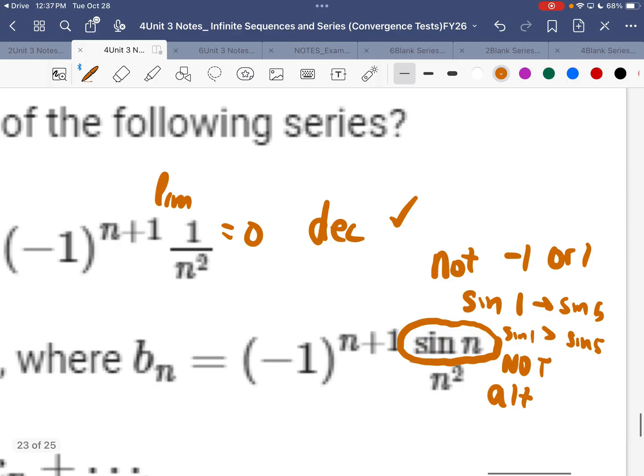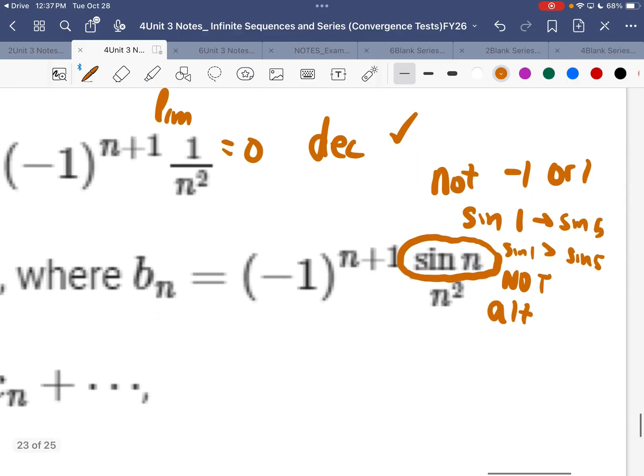Because that sign here would be going from some positive number, and then the next term might be positive, but then the next term might be negative, and the next term might be negative, and the next term after that might be negative. So it's conflicting with the signs of whether it's an alternating series. So since it's not alternating, it can't be this one.